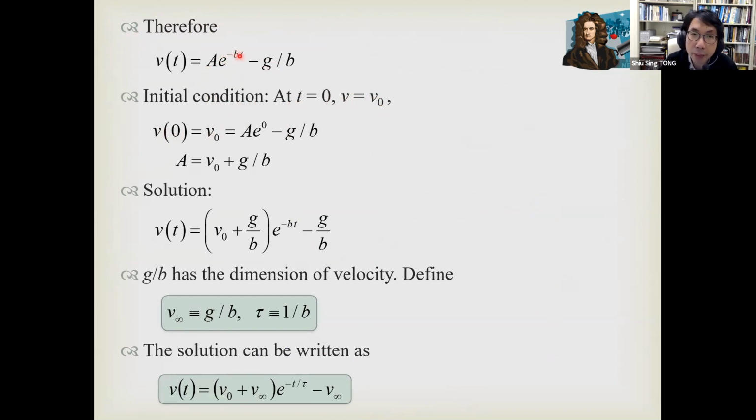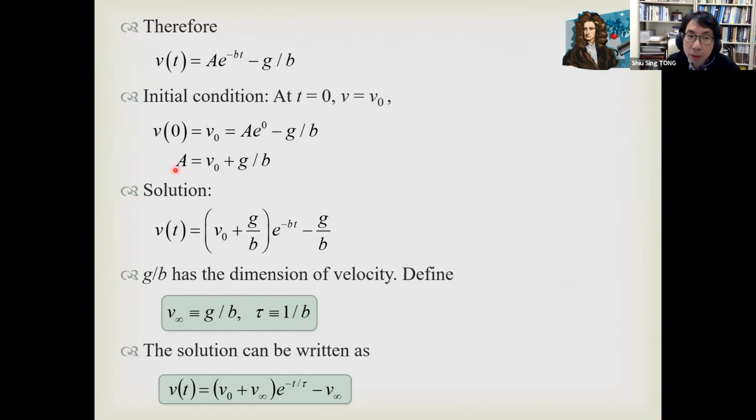And when we substitute time 0 into the right-hand side, we simply get a multiplied by exponential to the power 0, minus g over b. And the exponential to the power 0 is just 1. And so this is a minus g over b. And so we can solve for a. A is given by v0 plus g over b. Okay, that's simple algebra.